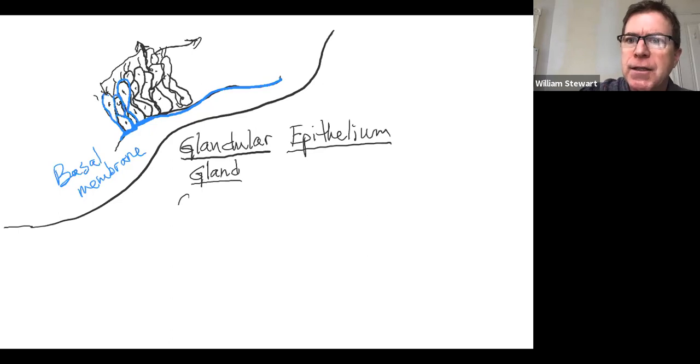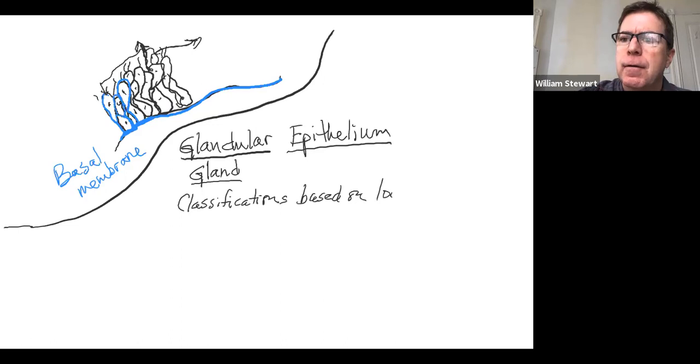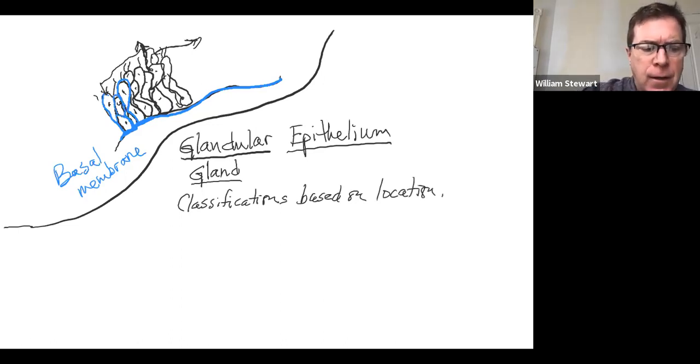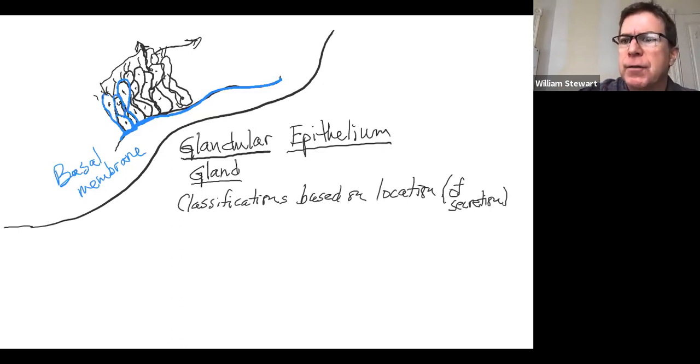The major classifications of these types of glands are based on location, and I'm going to put location of secretion, not of the gland itself, and the number of cells.